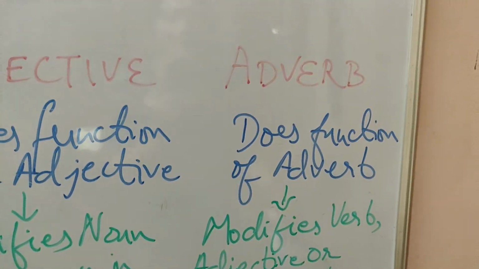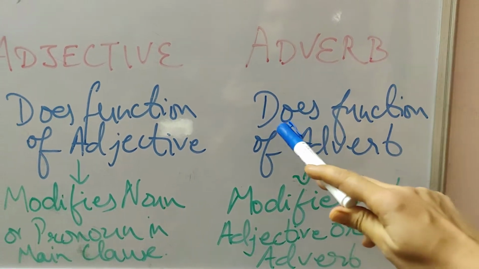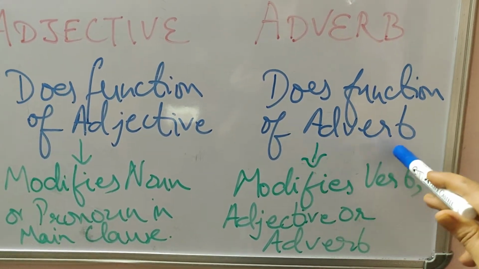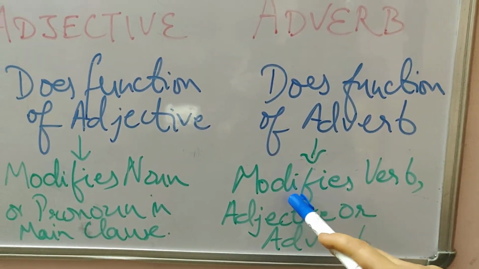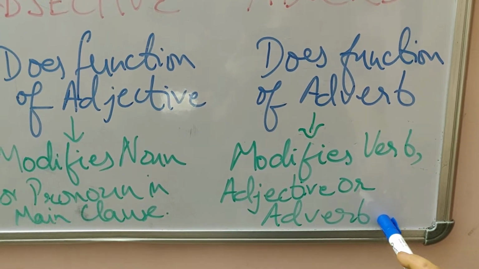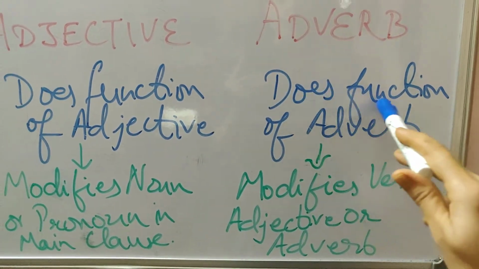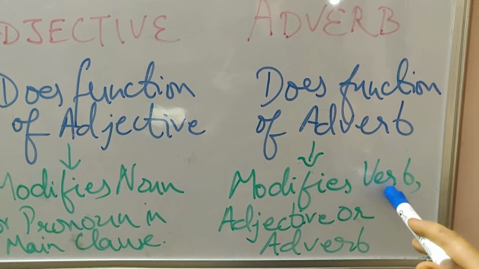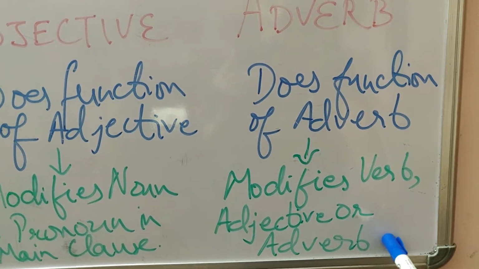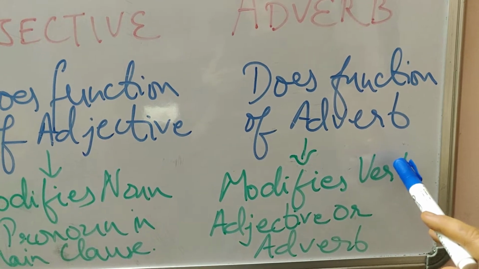Now come to adverb clause. An adverb clause does the function of an adverb, that is, it modifies a verb, adjective or adverb. Okay. So let's understand it by an example.